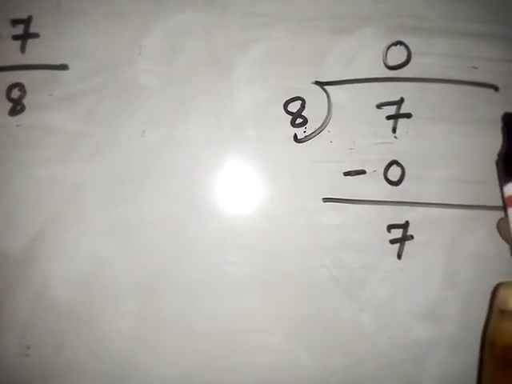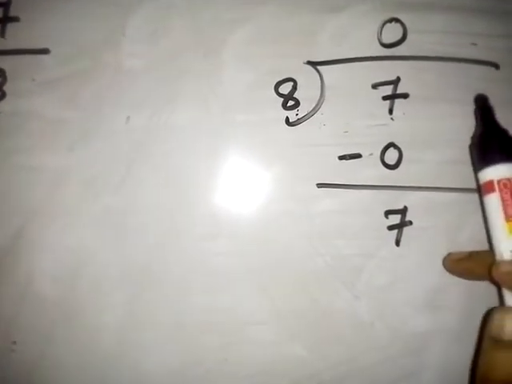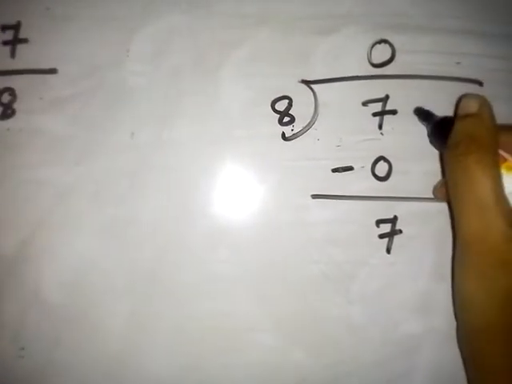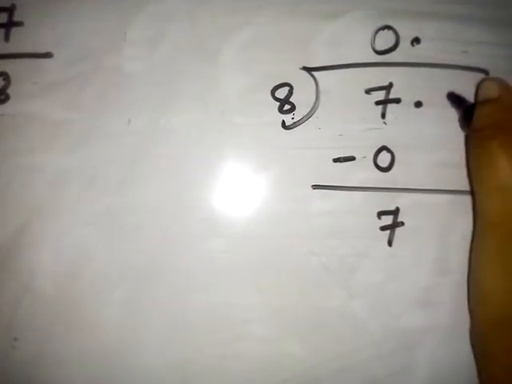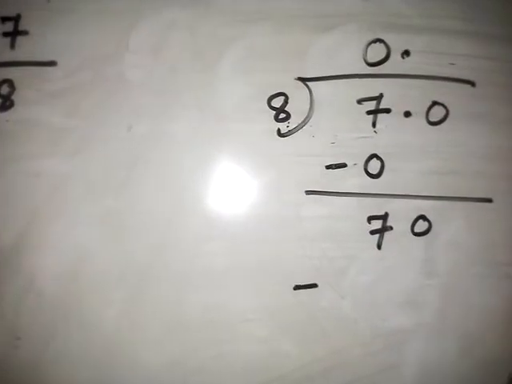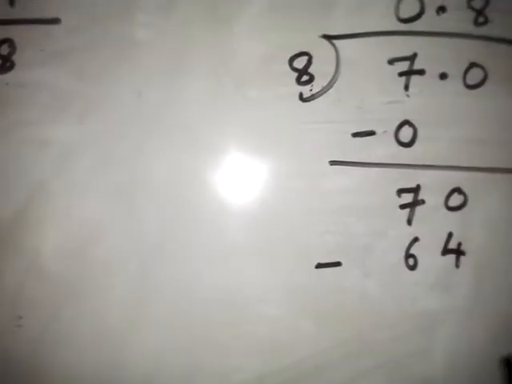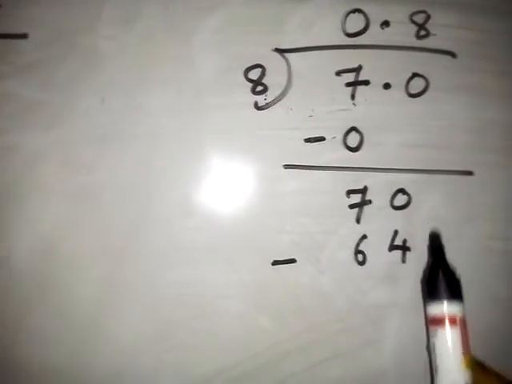Now continue the division. After the decimal point you have to continue the division. So put the decimal point here. Here take 0. 8 8s are 64, because 8 9s are 72, and 72 is greater than 70.